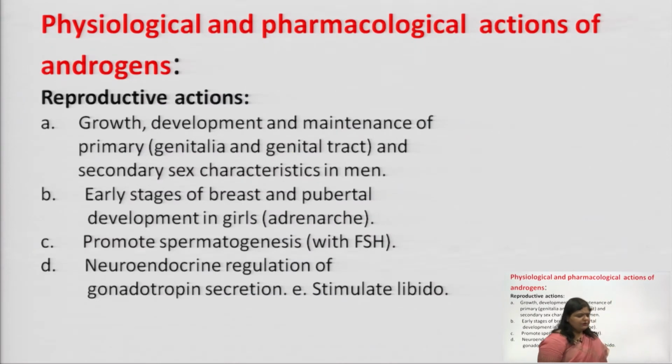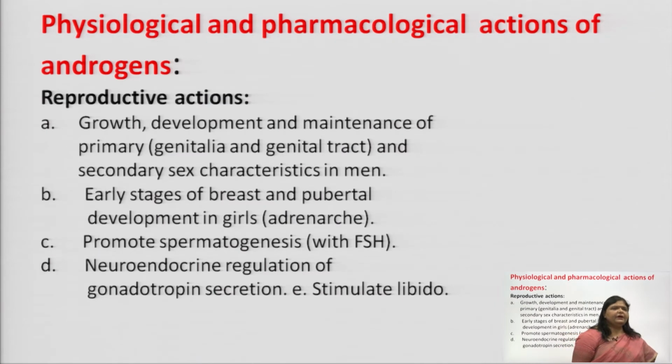Now coming to the physiological and the pharmacological actions of androgens, we have just seen how testosterone, by conversion into estradiol and also into dihydrotestosterone, produces its action through various receptors. So what are the various pharmacological actions?